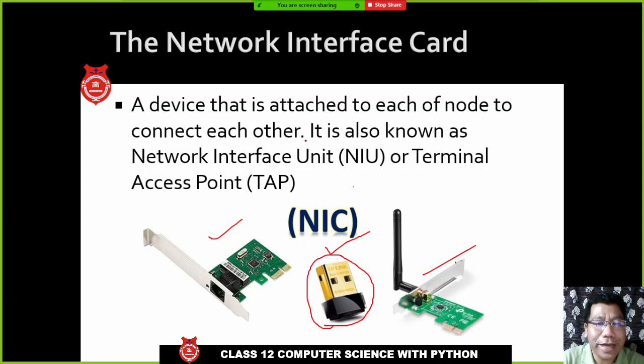So NIC has different names: a network interface unit or terminal access point, which is TAP. And these different full forms and short forms may be important for your exam. So I want you to remember as many as you can.